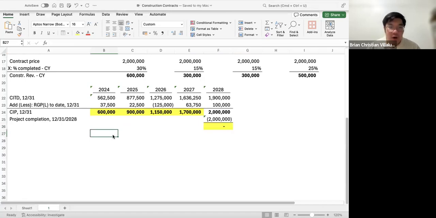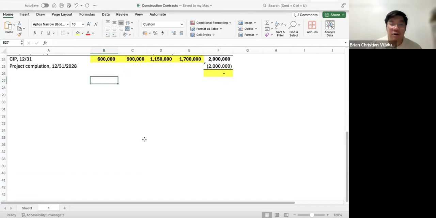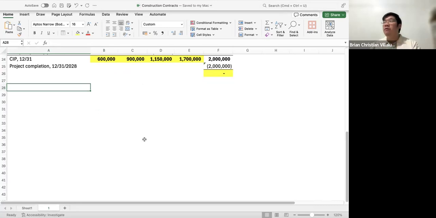Next. Number 4, determine the contract asset or liability on December 31, 2027. So, pag tinanong na tayo ng contract asset or contract liability, that pertains to your financial statement presentation. And how do we compute for your contract asset or contract liability?